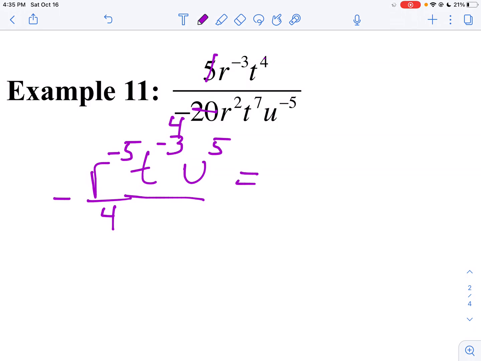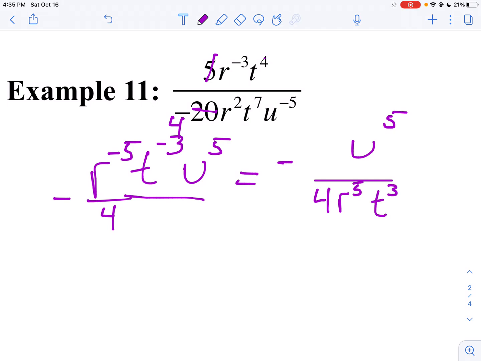We can't do anything about that. Don't change it, a negative number is just a negative number. I'm going to flip both my r and my t in the denominator because they're negative. So we get u to the 5th over 4 r to the 5th t to the 3rd.